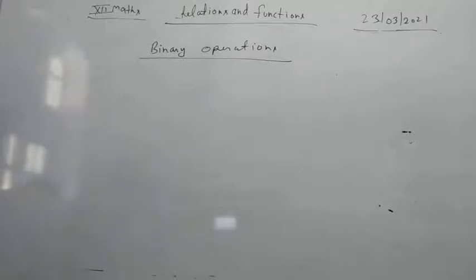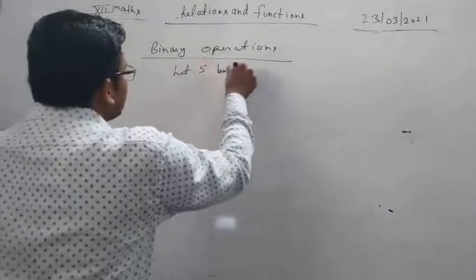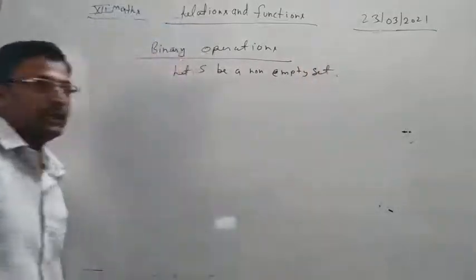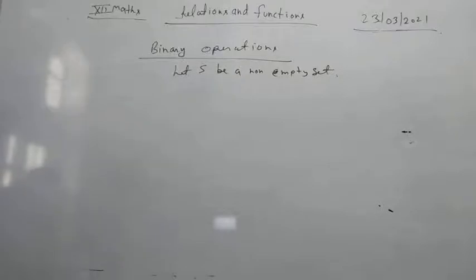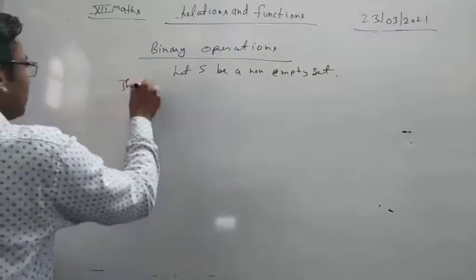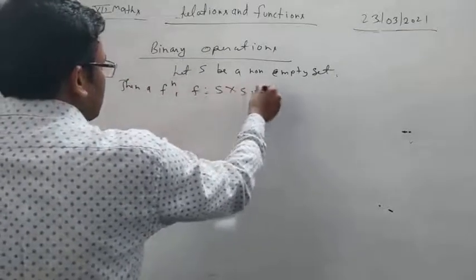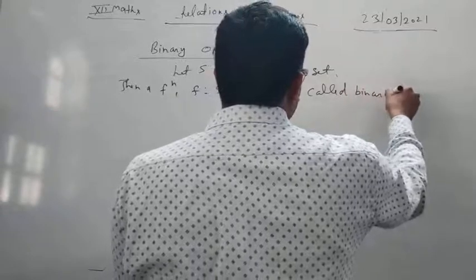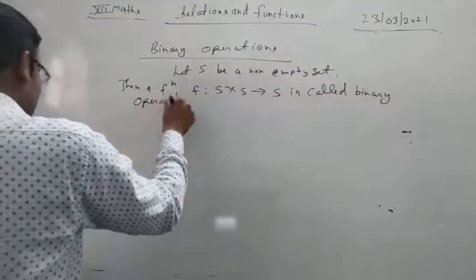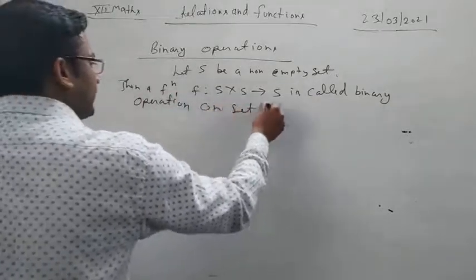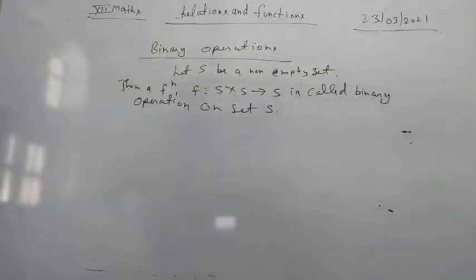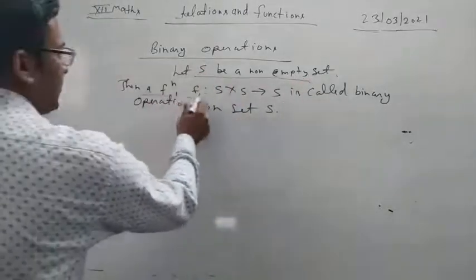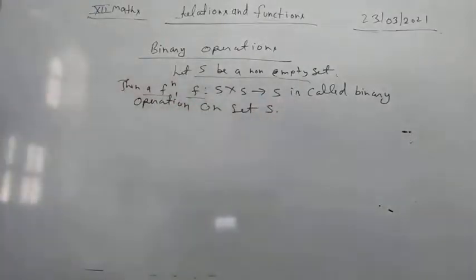Let S be a non-empty set, then a function f from S cross S tends to S is called binary operation on set S. From the definition of binary operation, we are seeing that let S be a non-empty set, then a function f from S cross S tends to S is called binary operation.